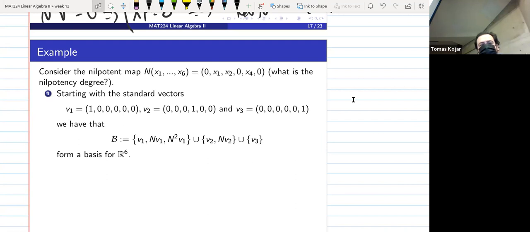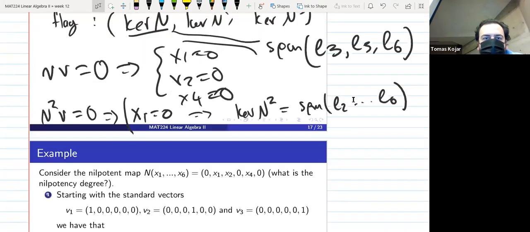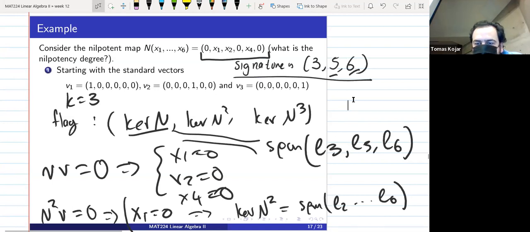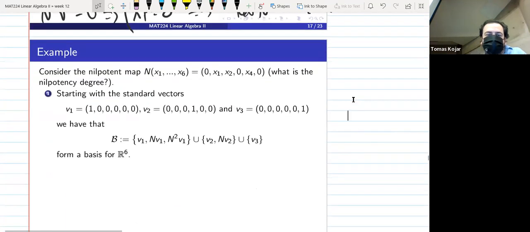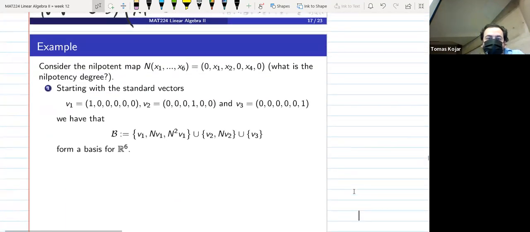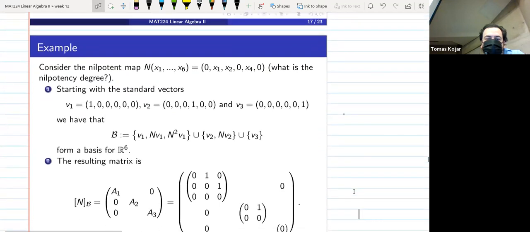Let me just see for a second. So what is the kernel of it? No, it's not the kernel. So then I compute them, right?